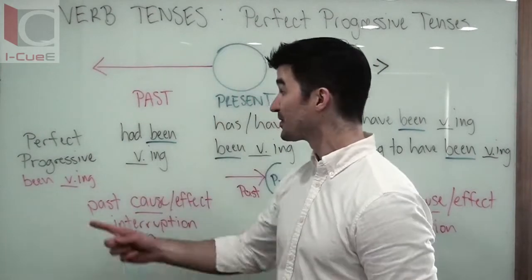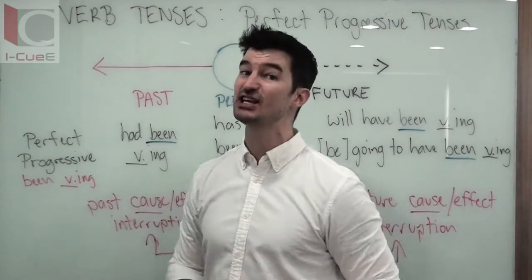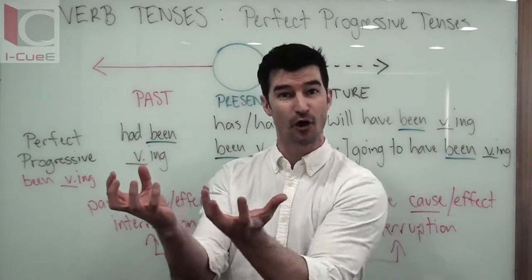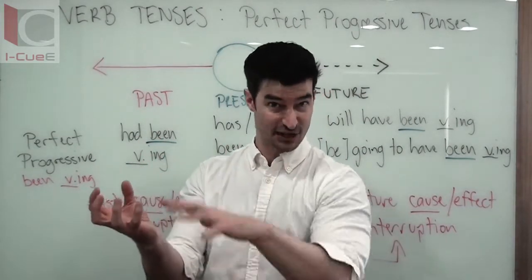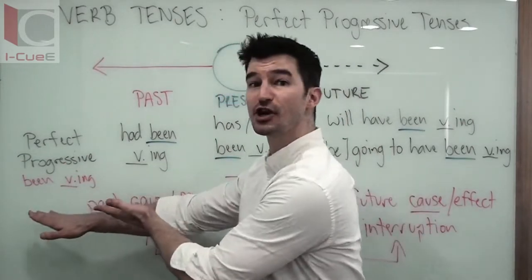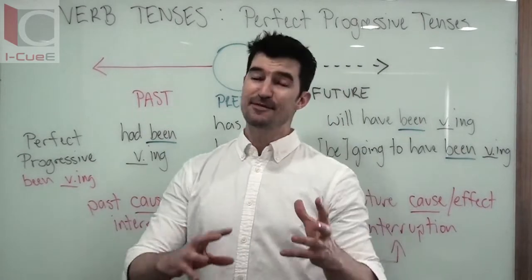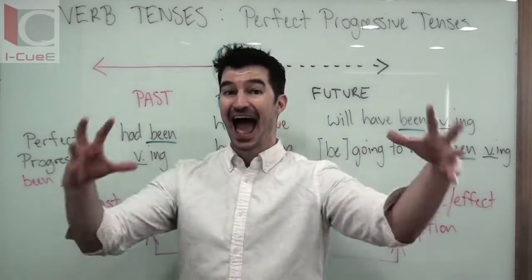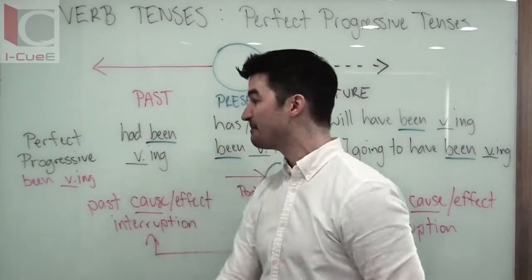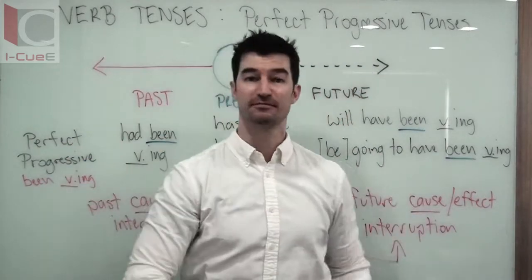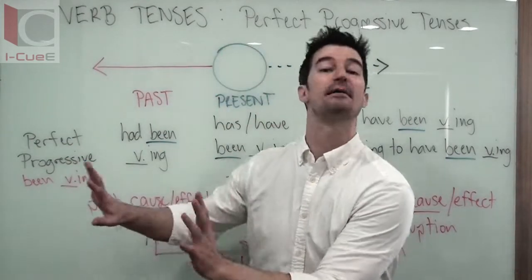And if you remember, with all progressive or continuous tenses, you need the be verb to come before your verb ing, your active verb ing. And here, the work's already been done for you. If you can remember that all of the perfect progressive tenses have built into them been verb ing, you can have that problem solved.